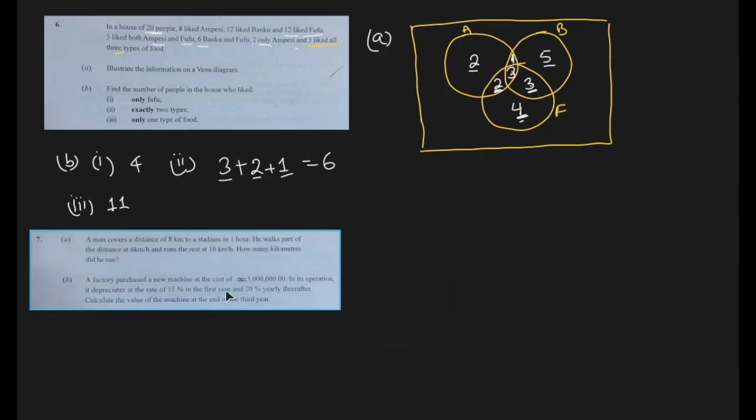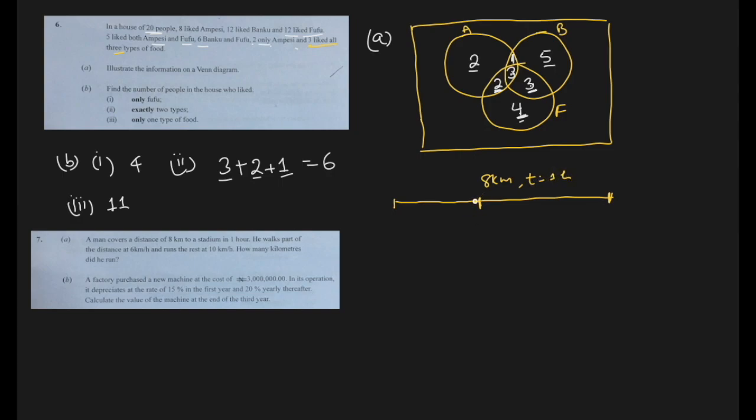Okay, question number 7. A man covers a distance of 8 kilometers to a stadium in 1 hour. He walks part of the distance at 6 kilometers per hour. Okay, so if this is the distance to a stadium, 8 kilometers, time taken is 1 hour.